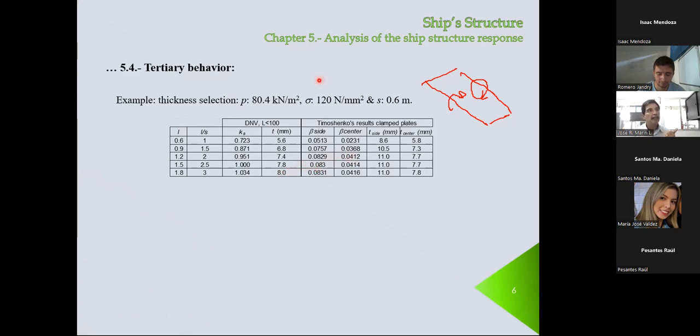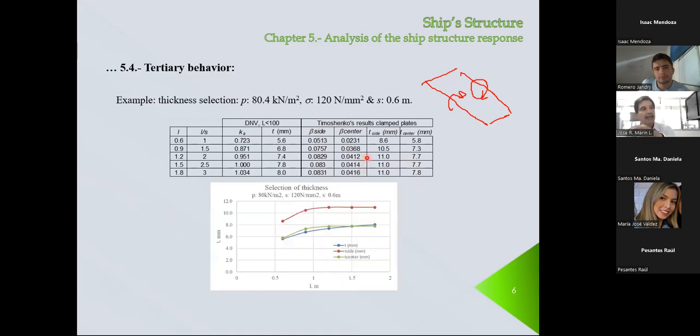With the bending moment and the allowable value of sigma, we could calculate the thickness. So this is the thickness that we will require considering the bending moment on the side. And this is the thickness that we will require considering the bending moment at the central part.